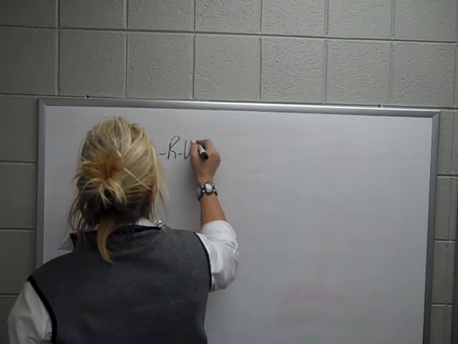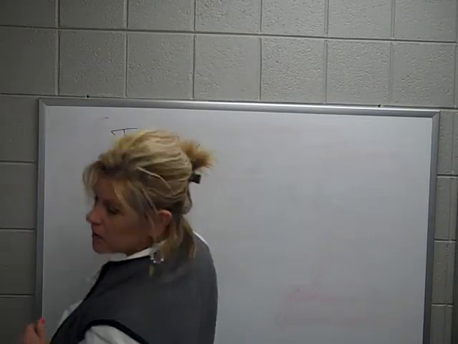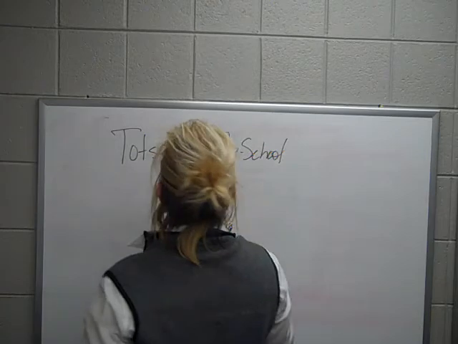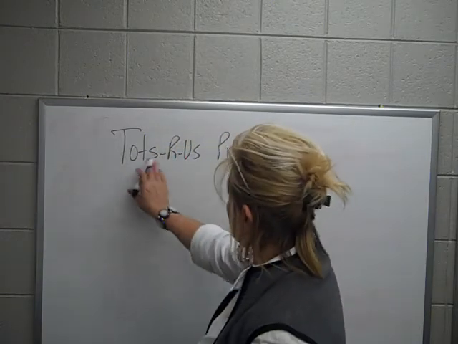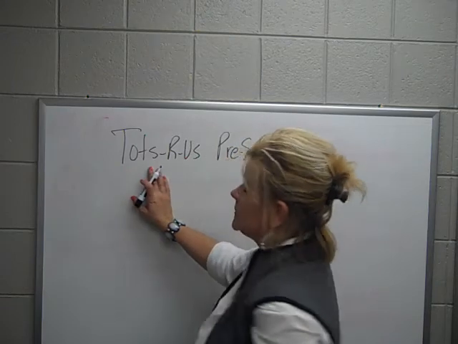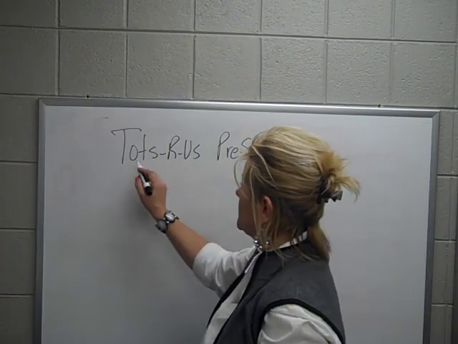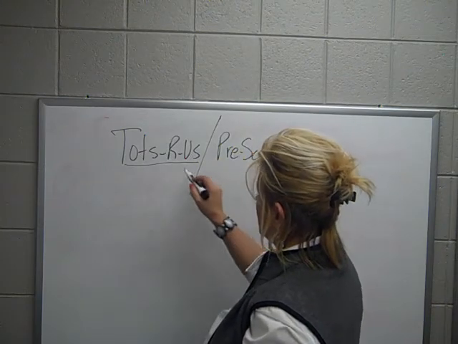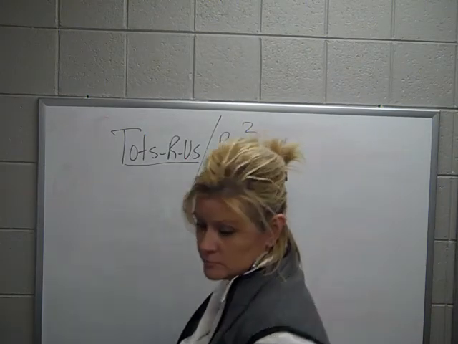Tots are us preschool. Okay? So remember, you have to drop all the hyphens, and when you do that, you slide it together. This is a business name. Okay? So you're going to underline that like that. Okay? And that's going to be your unit 2.